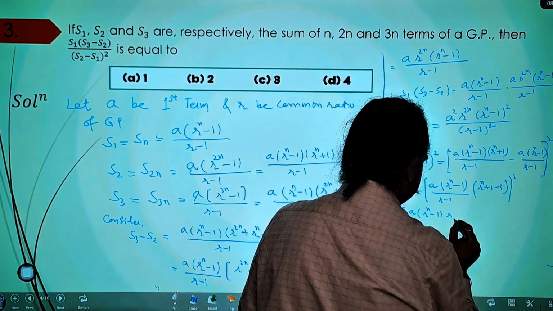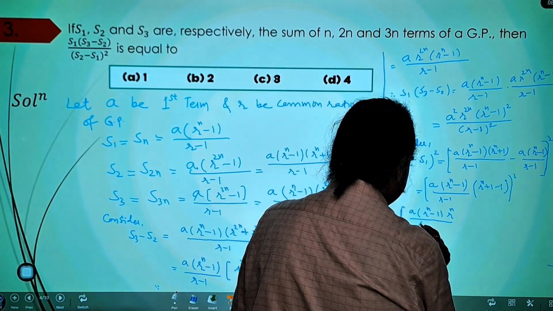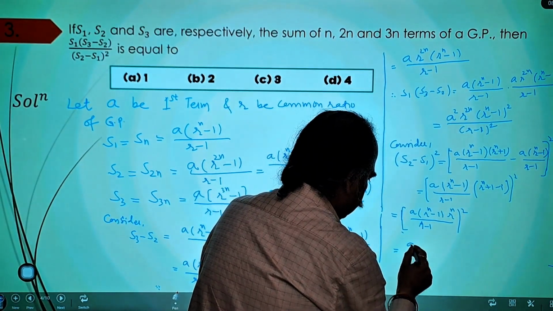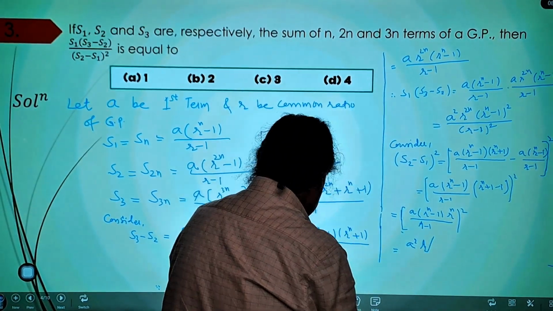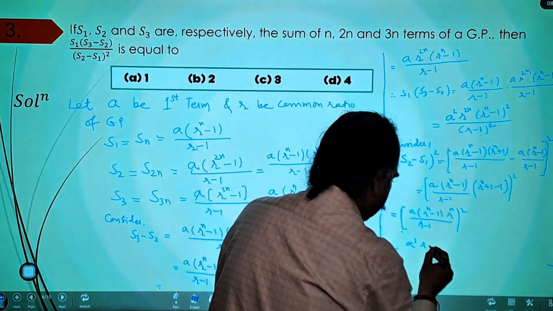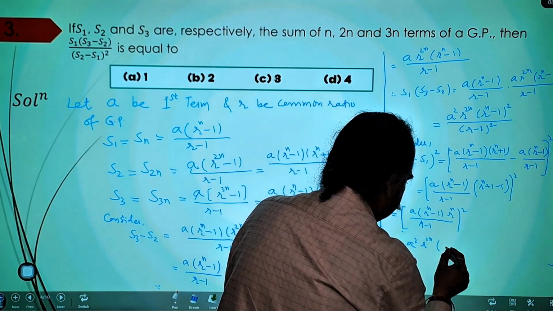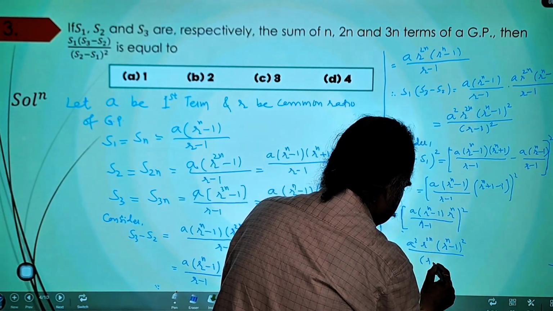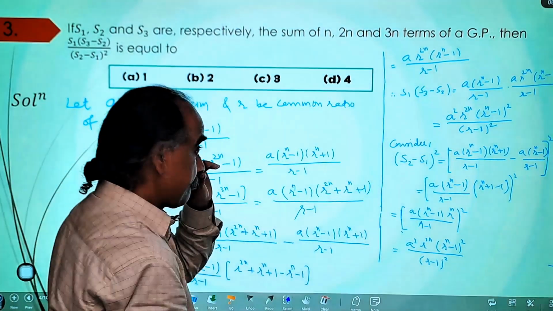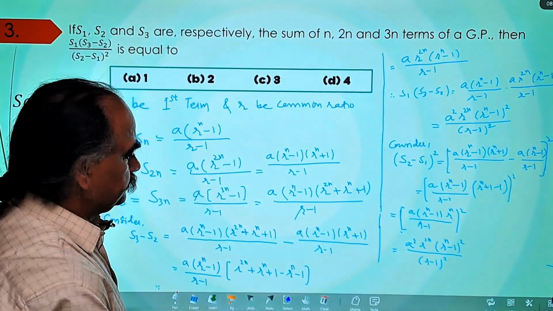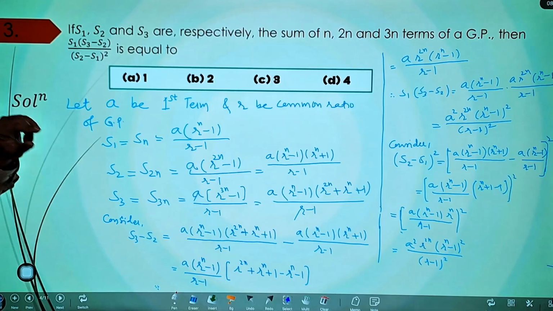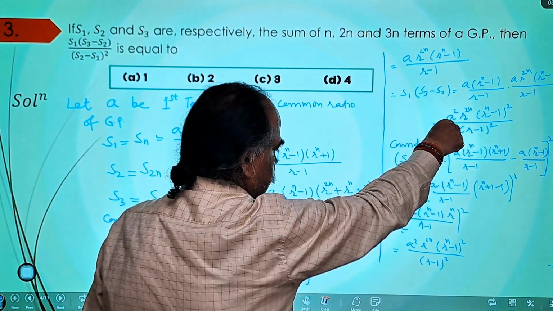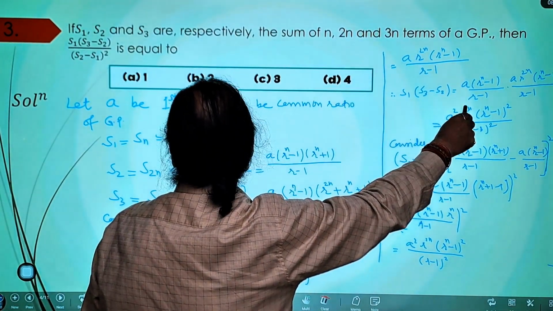R raised to n upon r minus 1 the whole square, which is same as a square r raised to 2n into r raised to n minus 1 the whole square upon r minus 1 the whole square. Now we have to find out their ratio. A square S1 both are same, S1 into S3 minus S1, a square r raised to 2n, so it will give you what? 1.